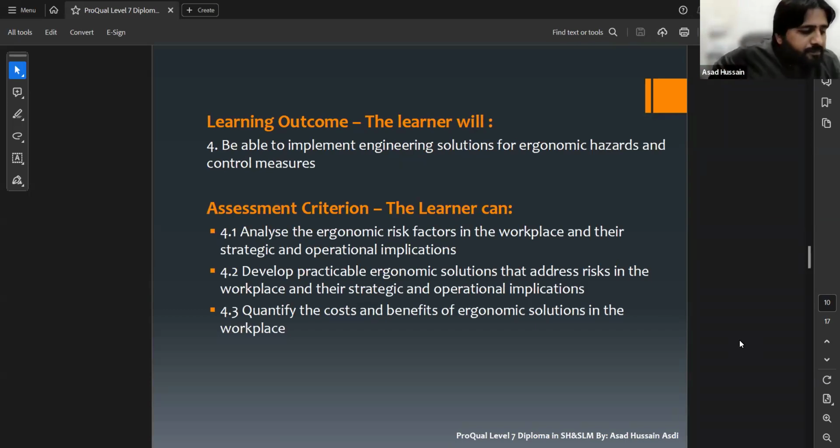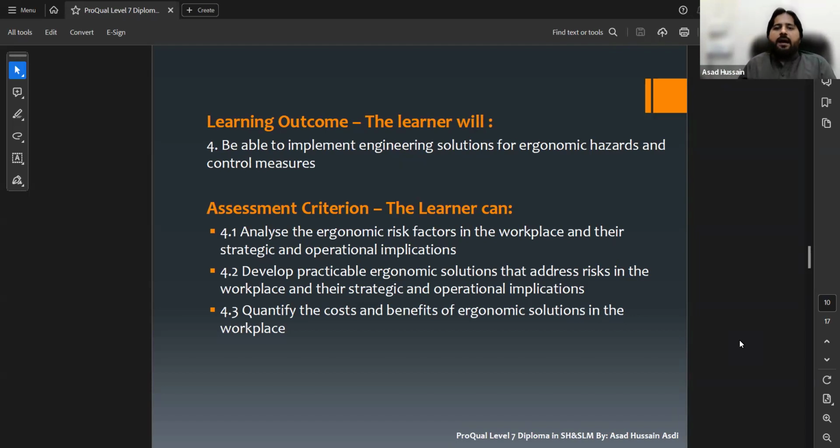There are three assessment criteria in this learning outcome. Number one, 4.1: analyze the ergonomic risk factors in the workplace and their strategic and operational implications.